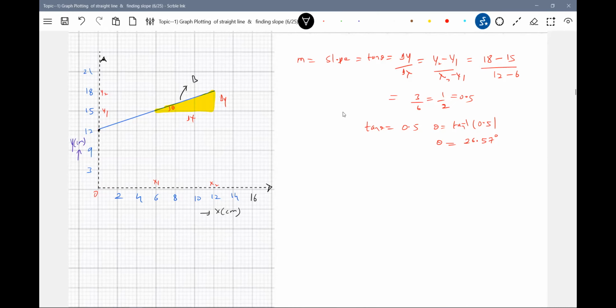Then what is our equation? Y equal to mx plus c. The value of m is how much? 1 by 2. The intercept is 12. So the equation is y equals 0.5x plus 12. This is the equation of the straight line for straight line B.